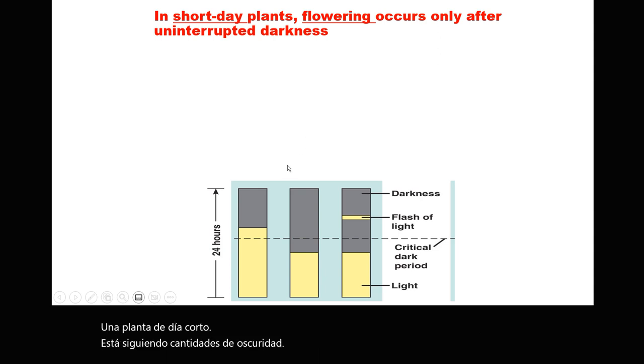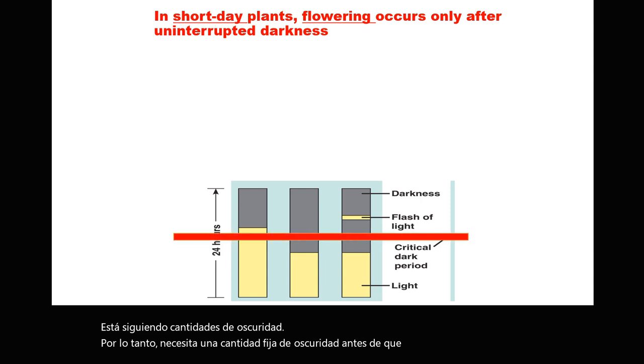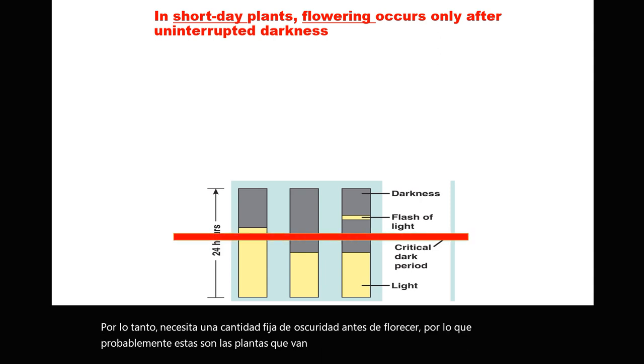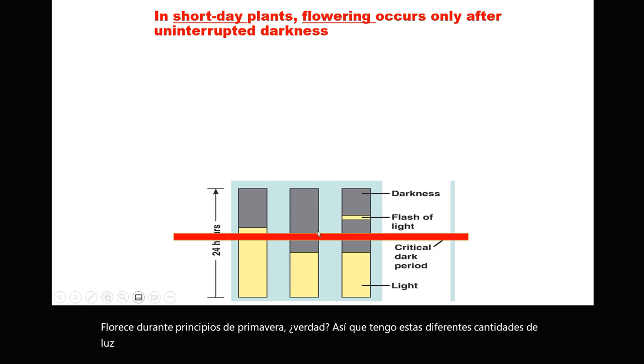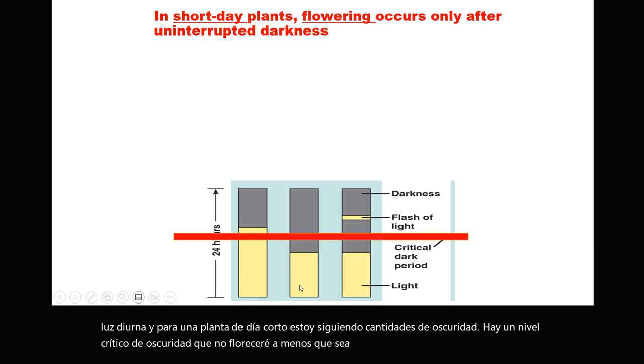A short day plant is following amounts of darkness. So it needs a set amount of darkness before it will flower. And so probably these are the plants that are going to want to flower during early spring, right? So I have these different amounts of daylight, and for a short day plant, I'm following amounts of darkness. There's some critical level of darkness that I will not flower unless that critical darkness period is exceeded.